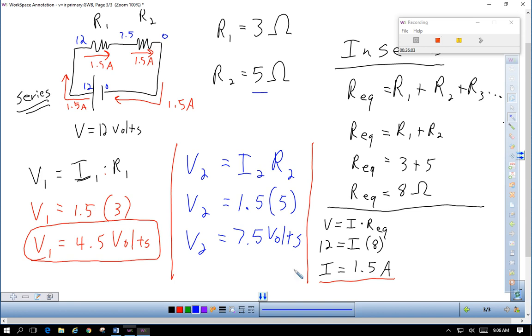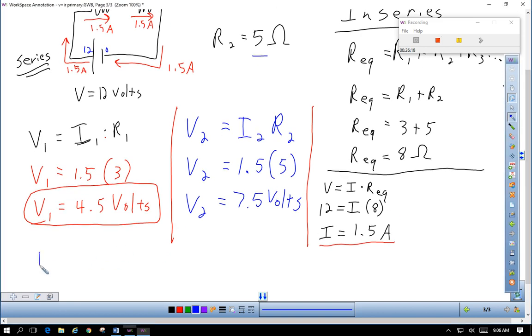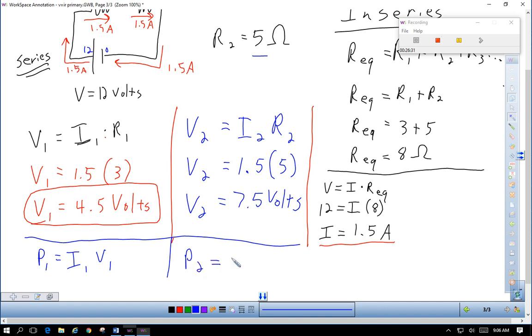And so that's that. If we wanted to go ahead and calculate the power used in each resistor, we would again apply P1 equals I1 V1 and P2 equals I2 V2. In order to find P1, we would use I1, which is 1.5, and V1, which is 4.5.